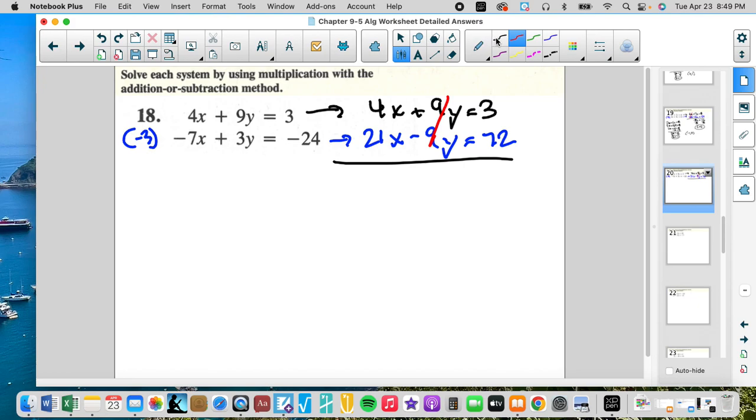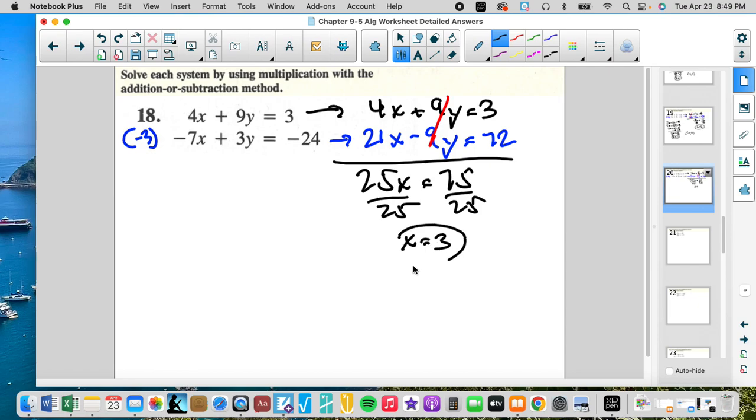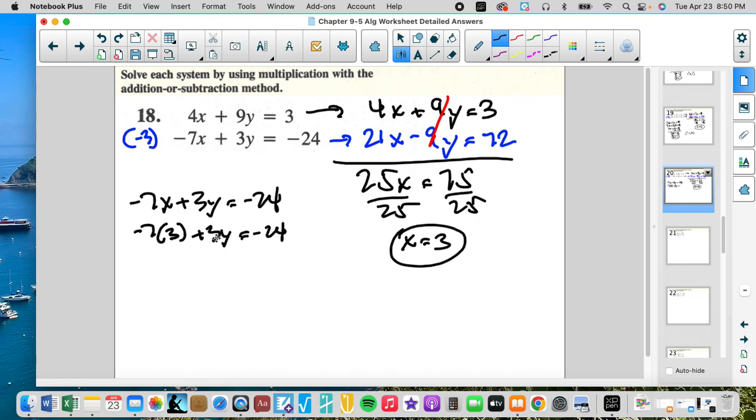The y's cancel. That gives me 25x equals 75. Divide by 25. Divide by 25. x equals 3. Negative 7x plus 3y equals negative 24. Negative 7 times 3 plus 3y equals negative 24.